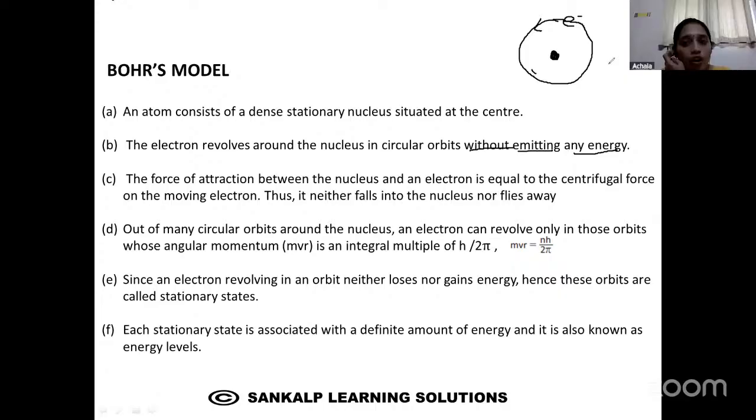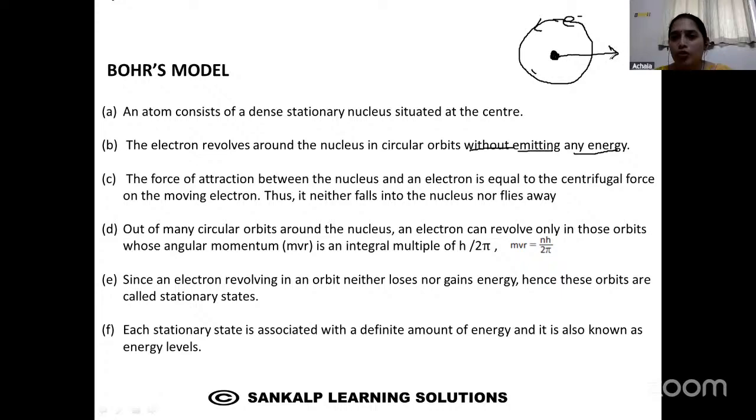The force of attraction between the nucleus and the electron is equal to the centrifugal force. Centrifugal force is nothing but the force which is exerting away from the nucleus.